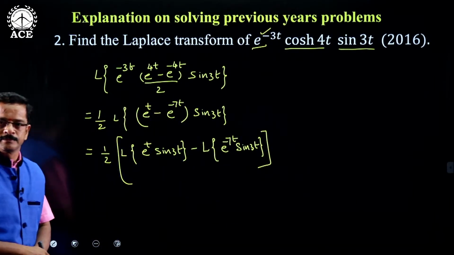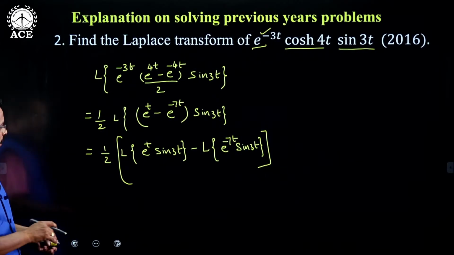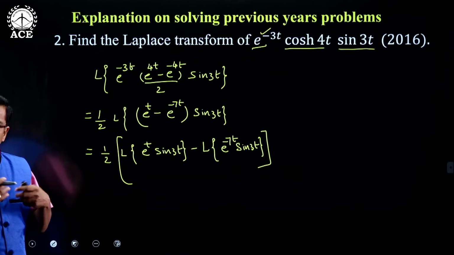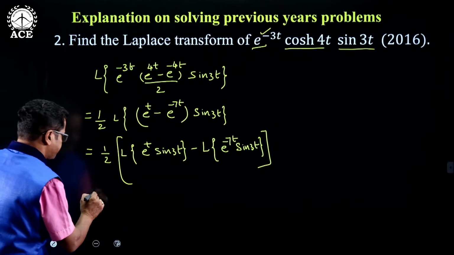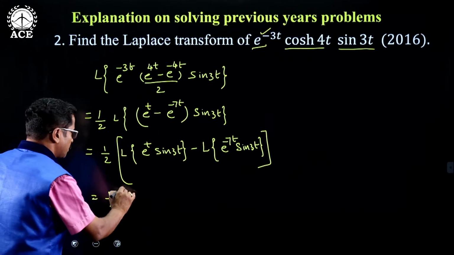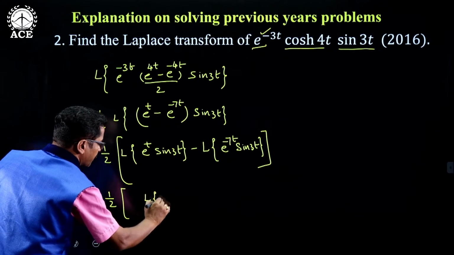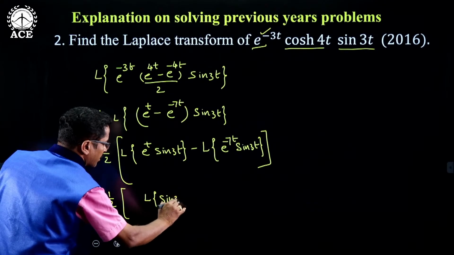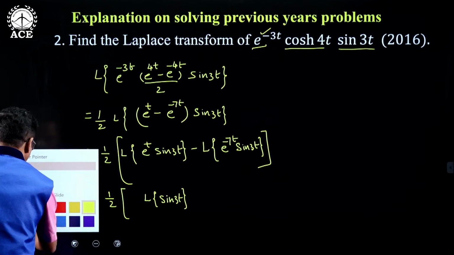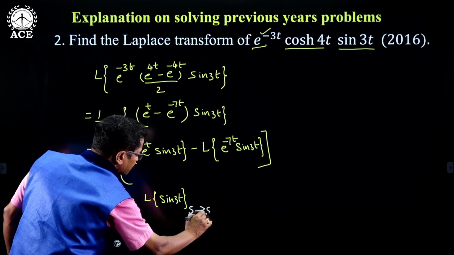Right? I just took Laplace transform for every individual term. Every individual term is a combination of exponential function. So it is application of first shifting theorem, it's clear. So 1 by 2. So here L of sin 3t, where s is shifted to s minus 1.